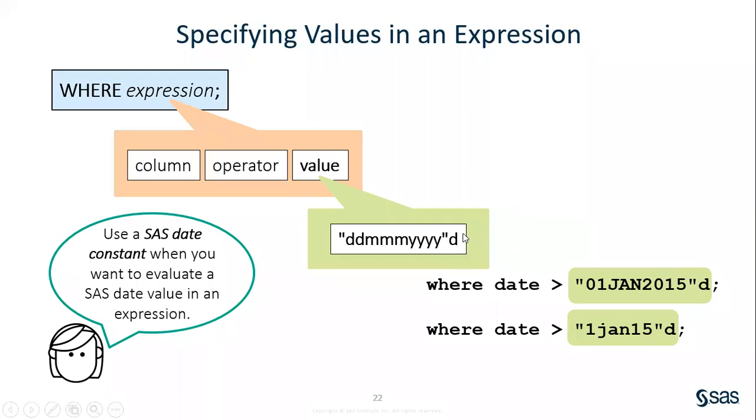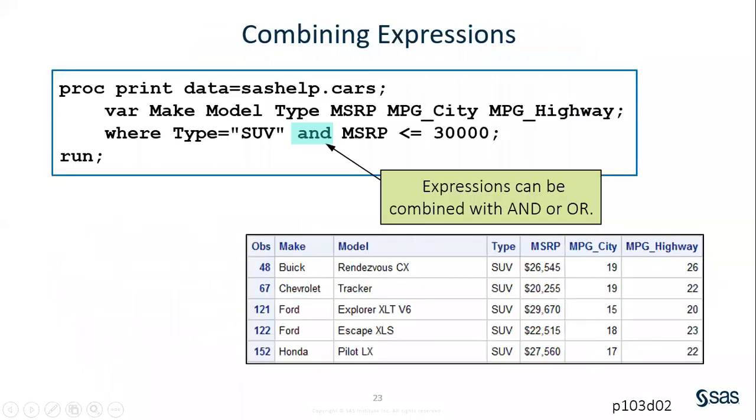So D is the SAS date constant which converts your calendar date into a SAS date, that is, in the form of number of days. This is where you can join two conditions with an operator, and or. And means both conditions are true, or means either of the conditions is true.